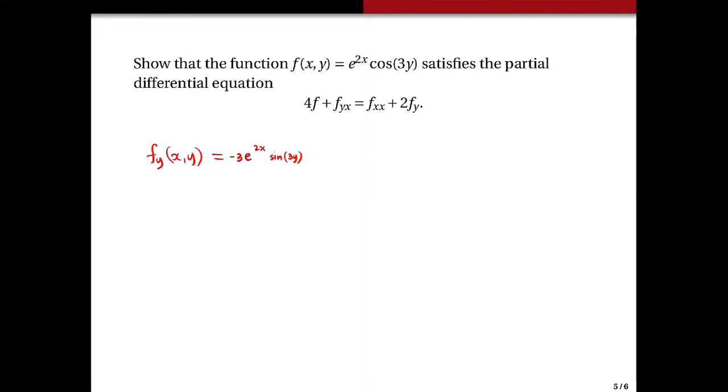And then let's continue with the partial derivative with respect to x. So we will have f sub yx. We need to get the partial derivative of this with respect to x. So with respect to x, this is just negative 6 e to the 2x sine 3y.